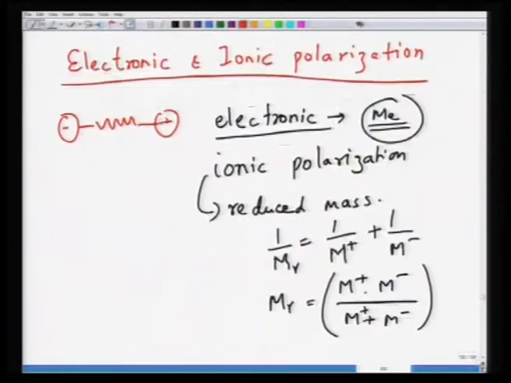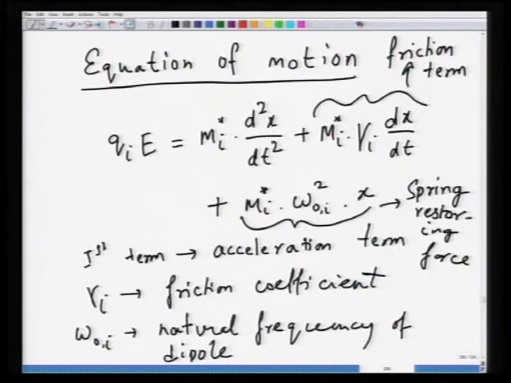As a result, this system, which is nothing but a linear mechanical oscillator, can be described by what is called the equation of motion. Here we saw that the force due to applied field equals the force due to acceleration plus force due to friction plus the spring restoring force.